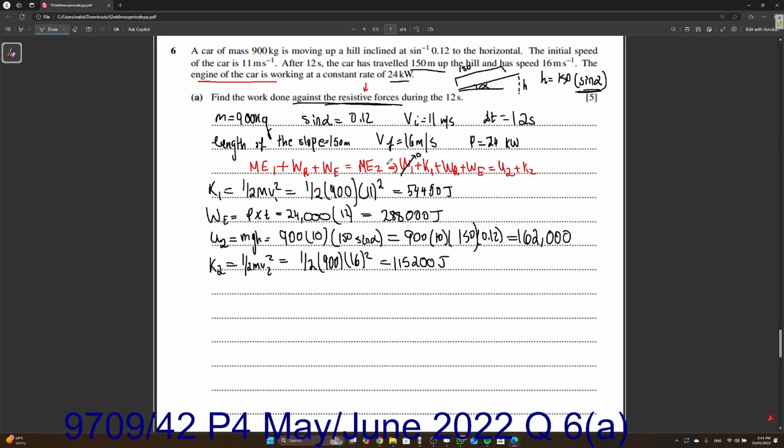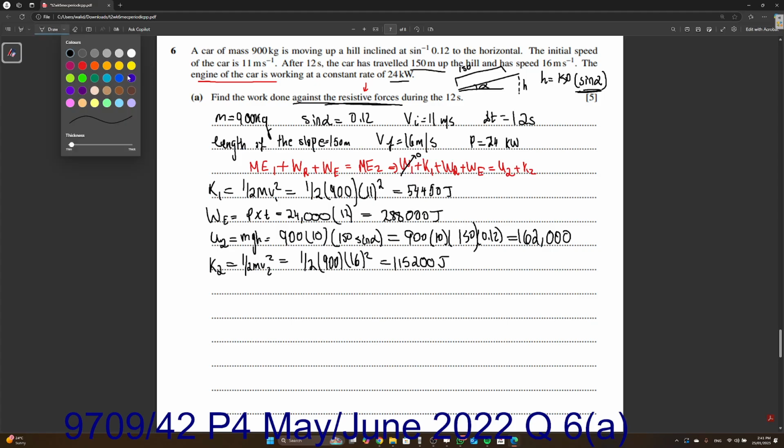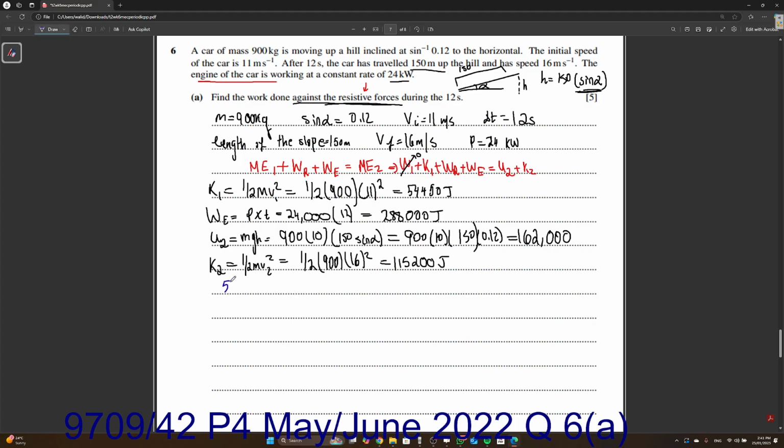So let's start substituting. Let me use a different color just so we can see better. 54450 plus work done by the resistive force, we don't know it, plus work done by the engine, which is 288,000, equals U2, which is 162,000, plus K2, which is 115,200.